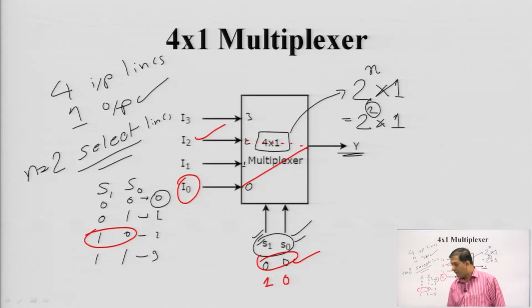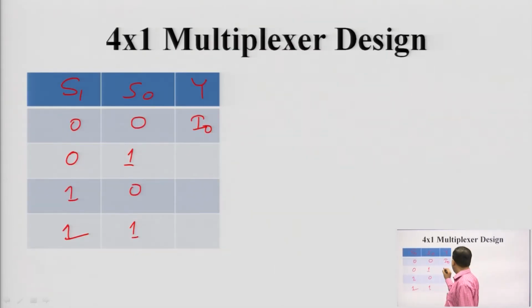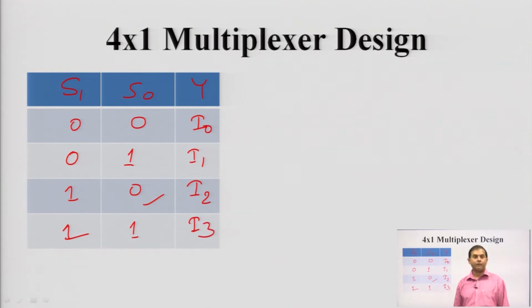Next, for 0 1, the output will be I1, so we write I1 here. Similarly, for 1 0, the output will depend on input I2, and for 1 1, the output will depend on I3. I think this truth table is clear to you.